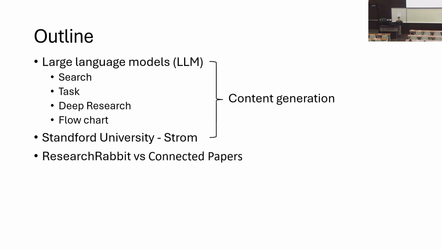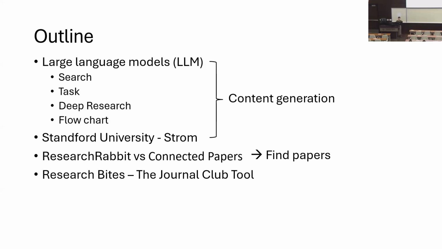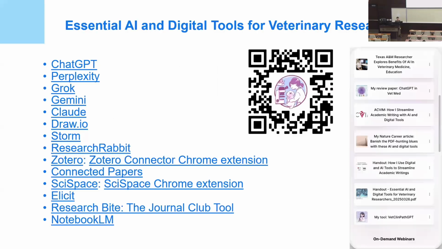And then I'll move on to talk about ResearchRabbit versus Connected Papers. These two tools will help you find papers. And then I will talk about Research Bytes, which is the journal club tool that helps you turn a PDF file of a paper into a slide presentation with just one click. So these are the tools that I'm going to mention today. This is the updated list, which is also available on my website. It's one of those links.